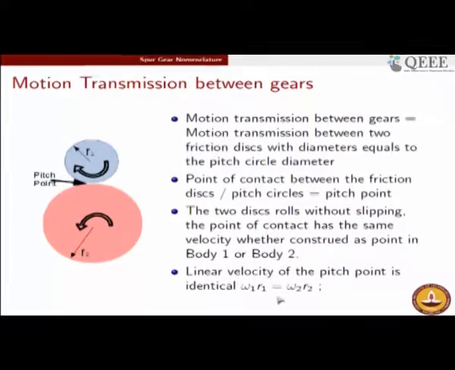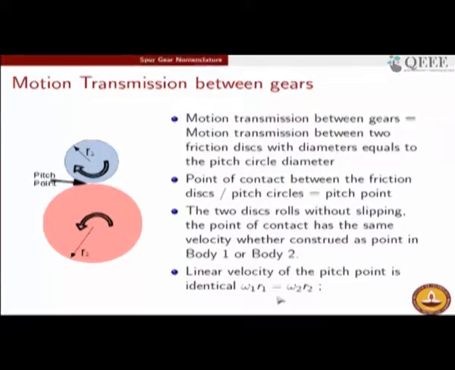It is not even visible. That is why we say it is an imaginary circle, but it is there in the design of the gears, that everything is referenced with respect to this geometrical parameter, which is called the pitch circle radius. So, we have got back the same kinematic result that we had for our simpler case of the friction disc, omega 1 r1 is equal to omega 2 r2.